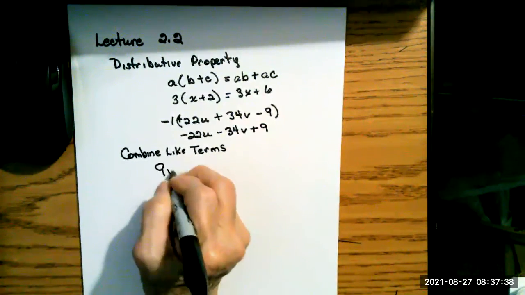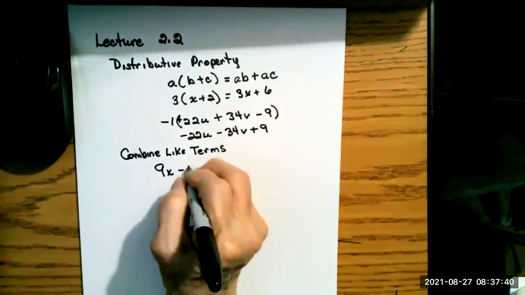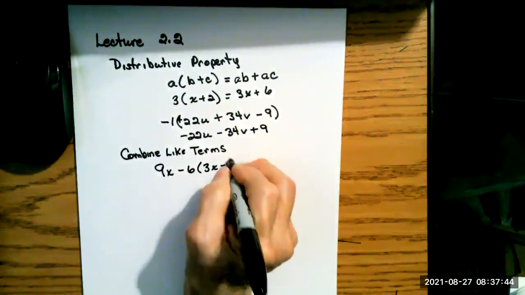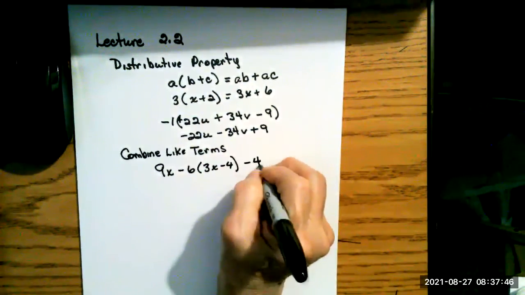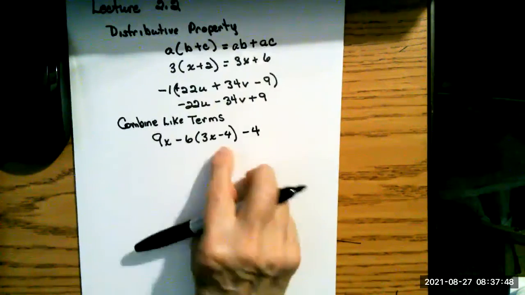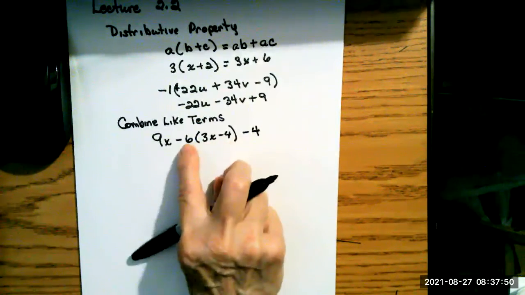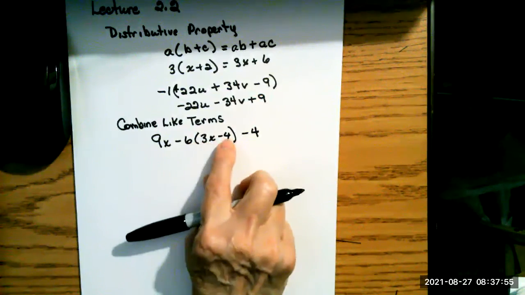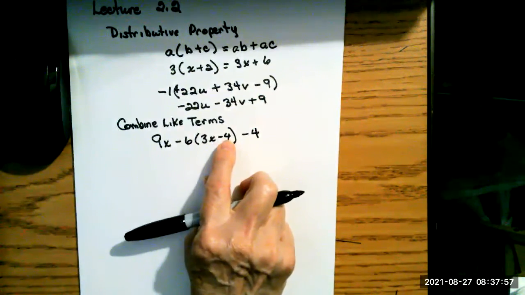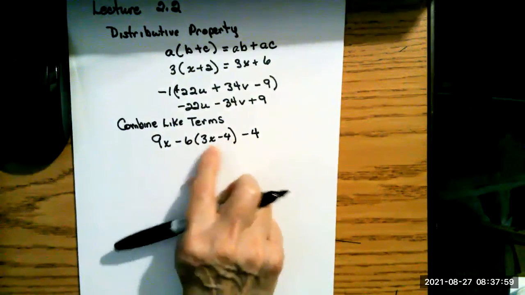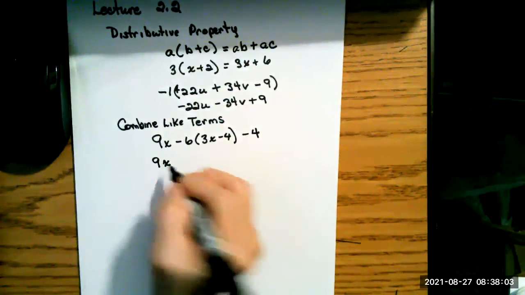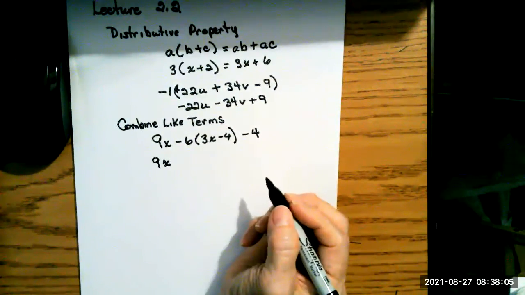For instance, if you have 9x minus 6 times (3x minus 4), with the minus 6 on the outside, this is the part you want to be concerned with, multiplying the -6 times each of these members inside this parentheses. So this will be the tricky part right here. The 9x just comes down. You don't do anything with it until you find out what you have in the middle.